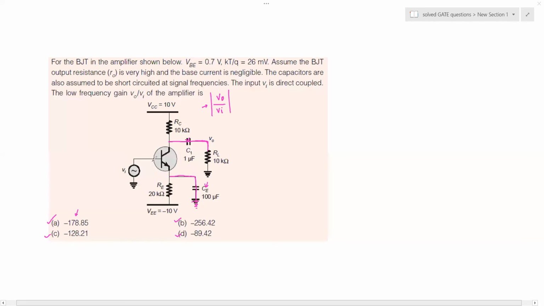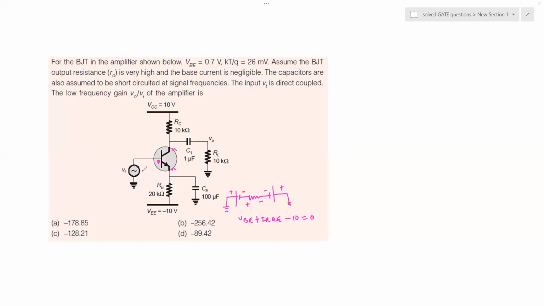This is your VBE, which is given to be 0.7 volt. In this loop, I have applied KVL to get the value of IE, which is the current flowing through this resistor RE. Here, this is my VBE, this is the resistance RE, and this is the 10 volt of VEE. You see the polarities of the voltages, and I see the current flow direction like this.